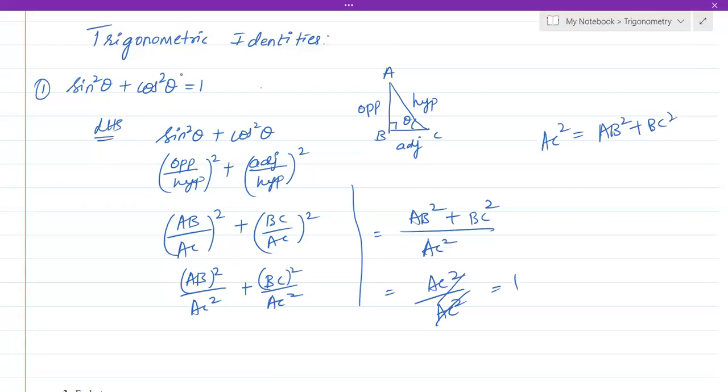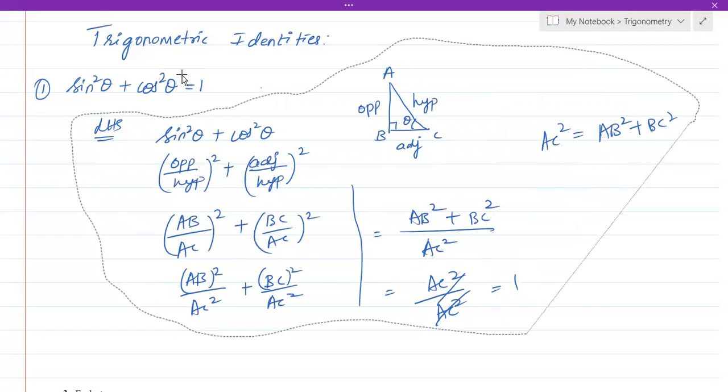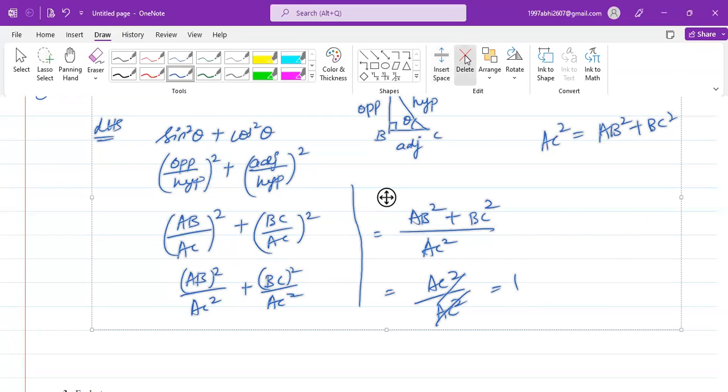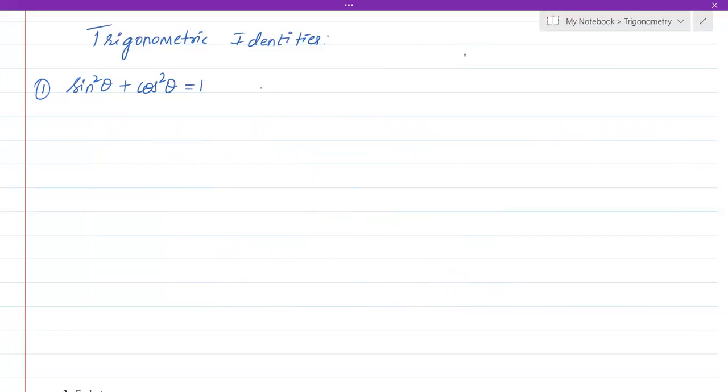Which is not required, but let's understand how we got this identity. So very important one: sine square theta plus cos square theta is equal to 1. Then using this, we can derive some more. I'll shift this sine square to the right hand side.